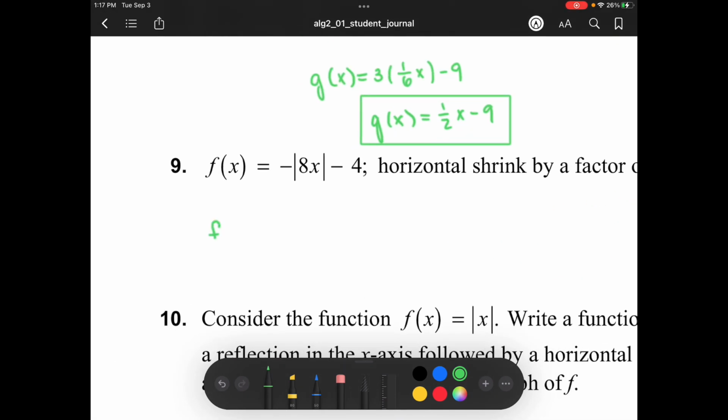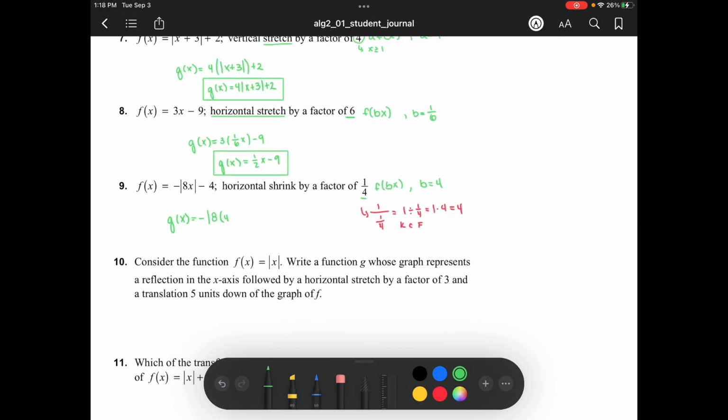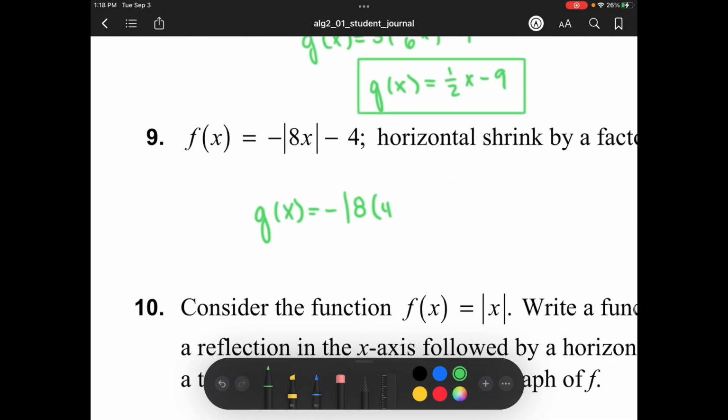So this one is going to be, let's do g, because we're talking about a new function here. g of x is equal to, and then we are going to go with -8 times 4.